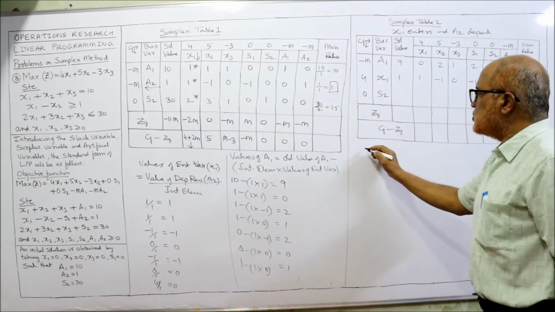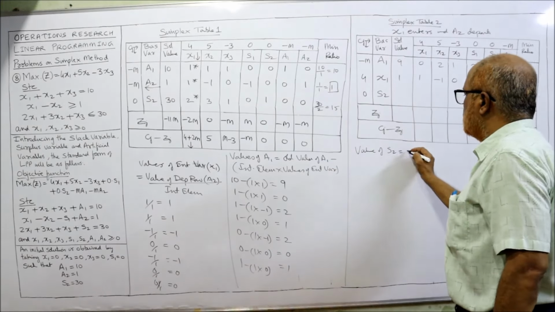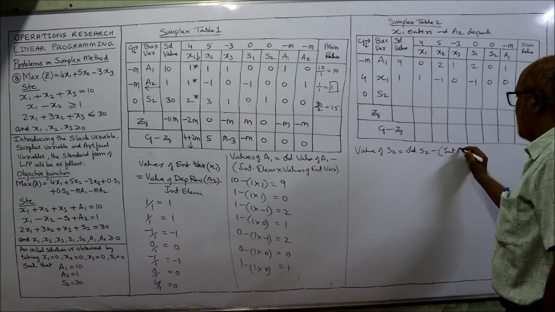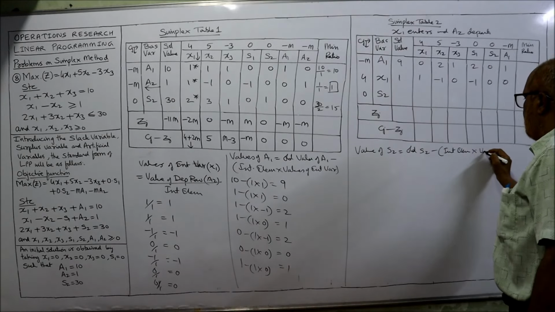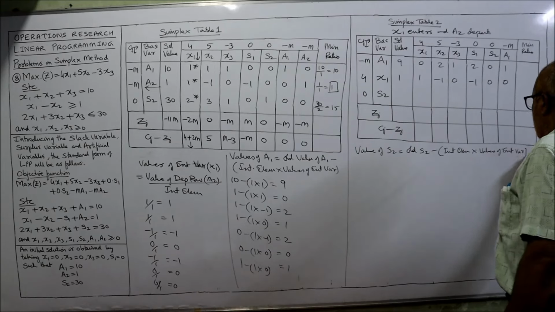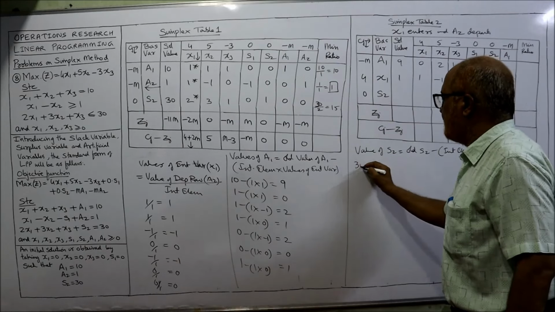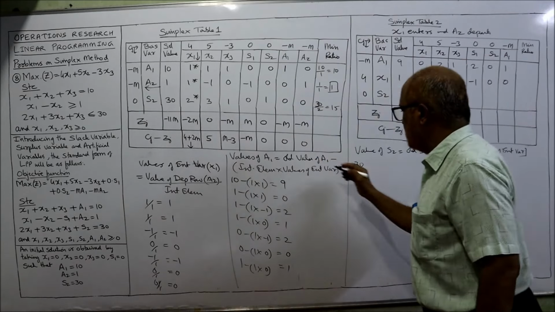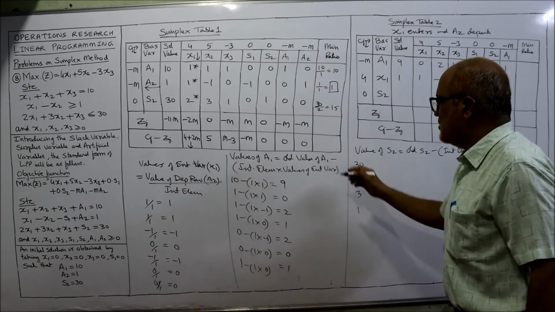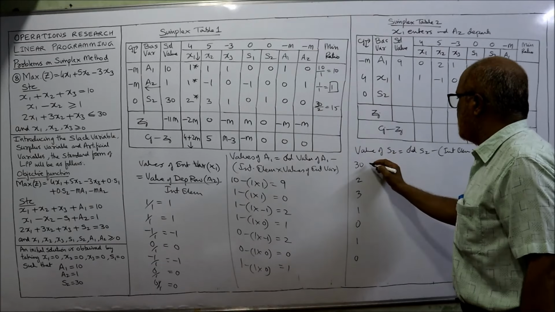Now values of S2. Values of S2 is equal to old S2 minus intersectional element into values of entering variable. The old values of S2 are 30, 2, 3, 1, 0, 1, 0, 0, 1, 0. We are not taking the last one.